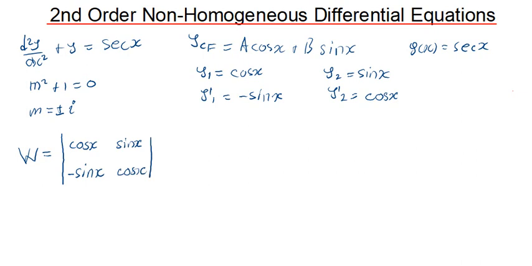So the Wronskian is the major diagonal, cos x by cos x, which gives cos squared of x, minus the minor diagonal. Because this is negative, that would be a positive sine squared of x, which simplifies to 1. So we find that the Wronskian is equal to 1.